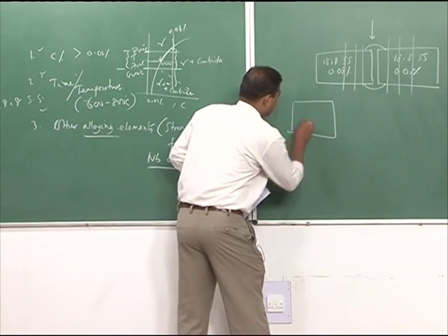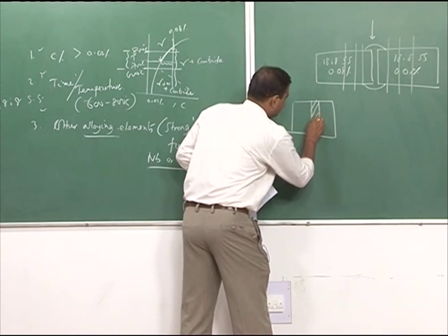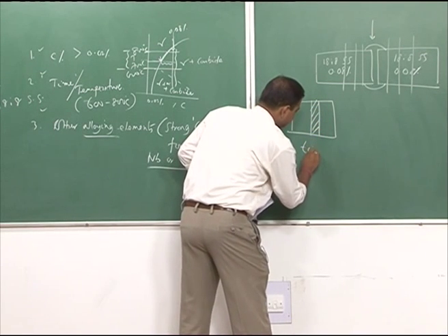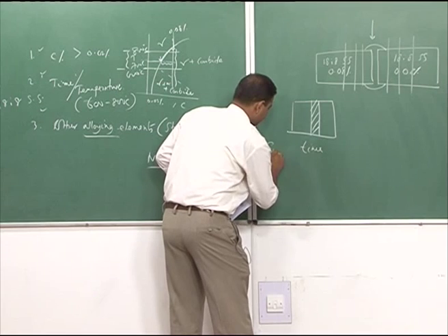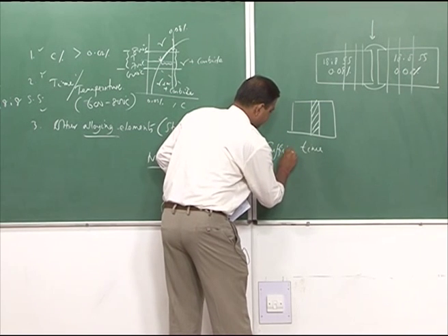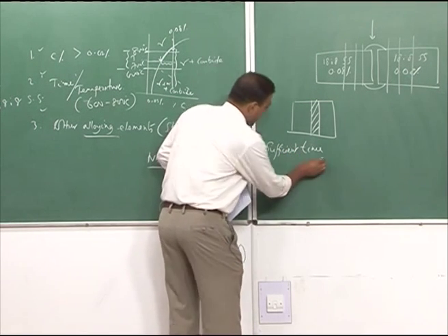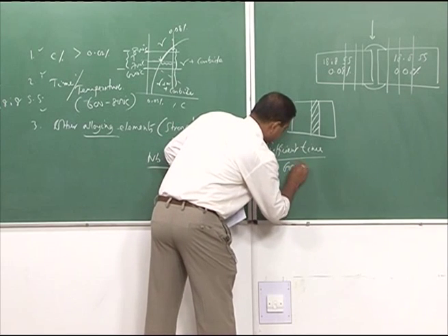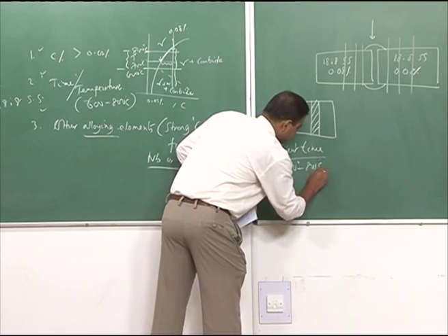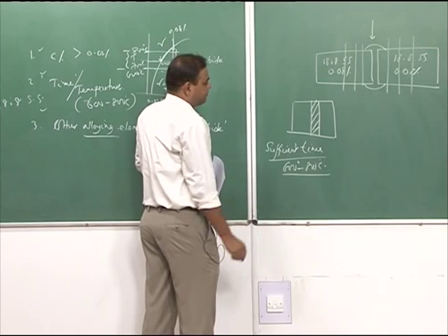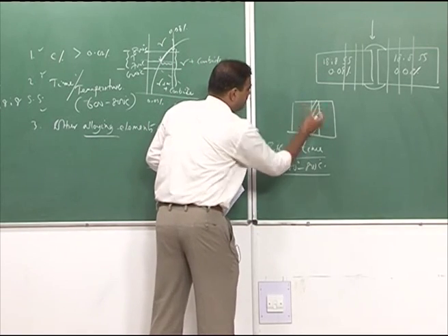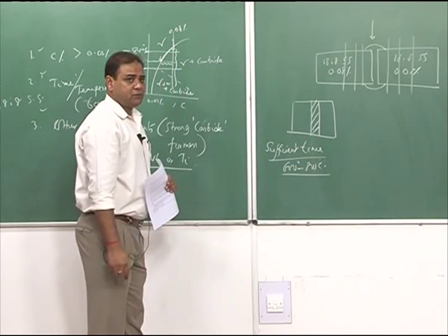Let us say in this block you have a section where we have sufficient time, and the temperature zone is 600 degrees Celsius to 800 degrees Celsius. So, chromium carbide forms in this zone only; in other zones we do not have any problem.